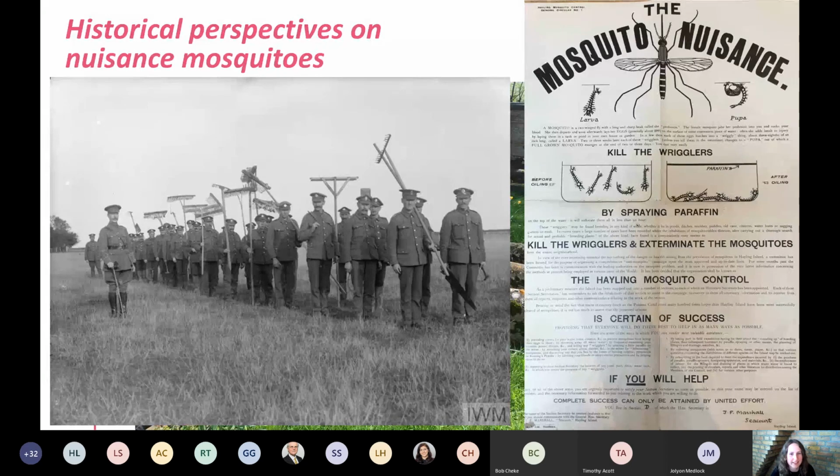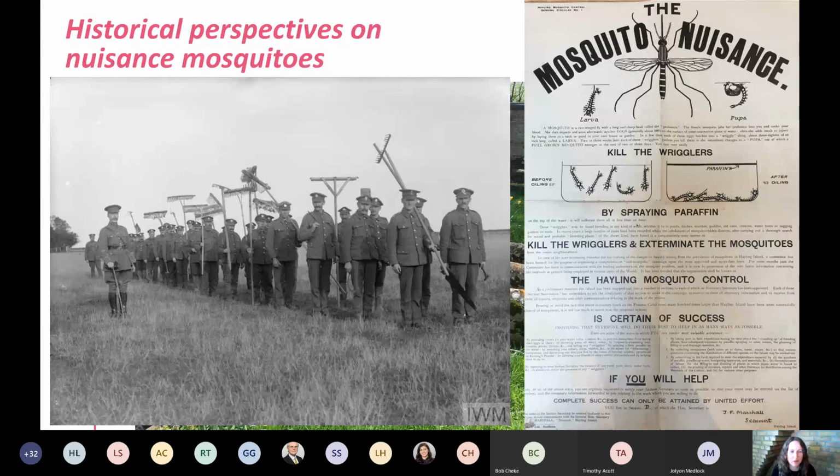It's really interesting to see these previous incarnations of mosquito control and their very, very militant language about how mosquitoes should be controlled and killed off in certain habitats.